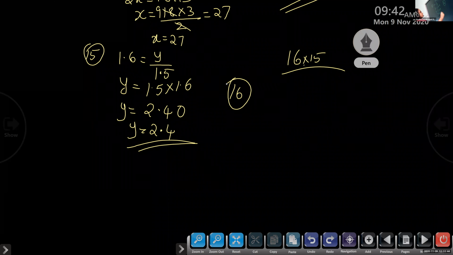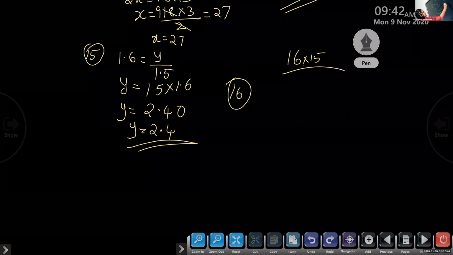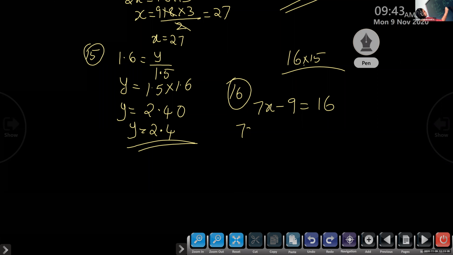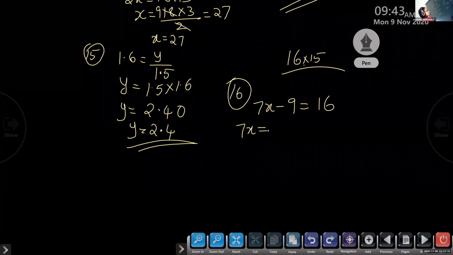Question number 16. 7x minus 9 equal to 16. Seven x equal to 16 plus 9. 16 plus 9 equal to 25. So x equal to 25 by 7.